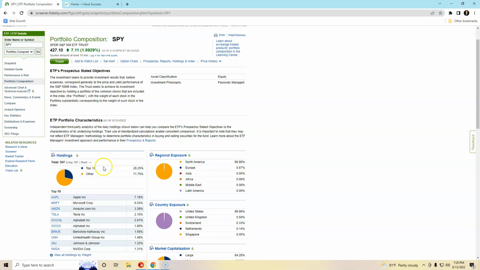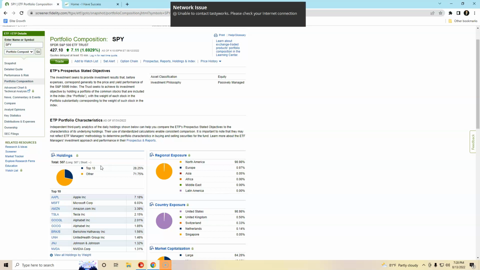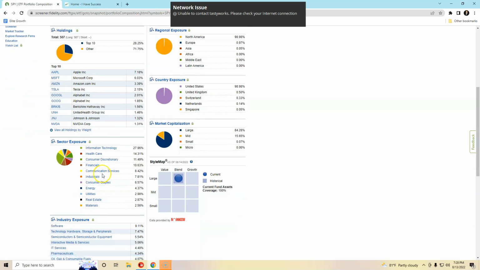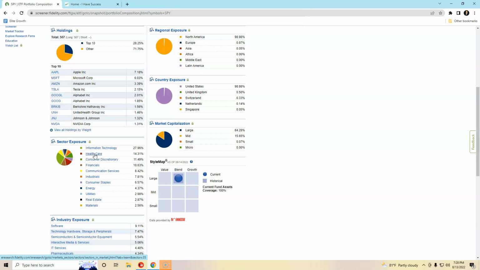So let's say that you want to trade something in the healthcare sector, one particular stock. Well, you can look at healthcare ETFs to have an idea of what your particular stock is going to do, if you want to go a little bit deeper into that.